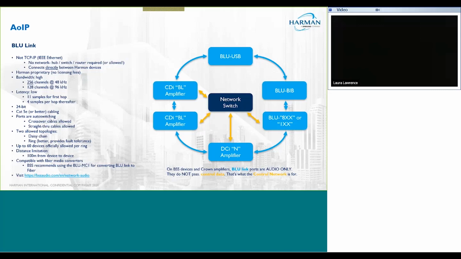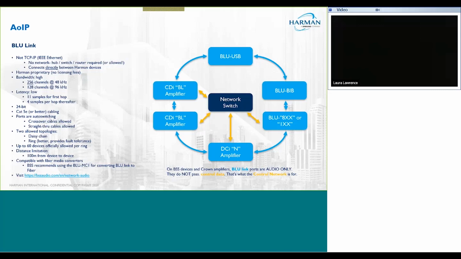So that's probably another advantage of BLU Link, the simplicity here. Again, there are numerous advantages of not being on a network. Obviously, there's no hardware to buy, right? There's no switches, no routers, no hubs to buy. So from a cost standpoint, that could be a huge advantage. Another advantage is there are no IT personnel to pay to manage the network because there is no network.